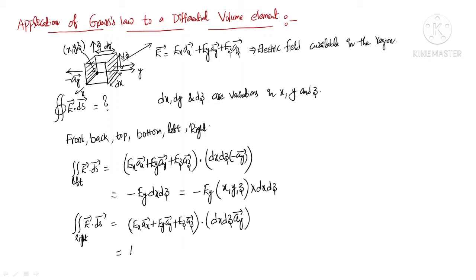And you are left with Ey. What is meant by Ey? It is the component of E bar along y direction, multiplied with dx dz. But this component must be evaluated at which point? At this point. Is it right or not?